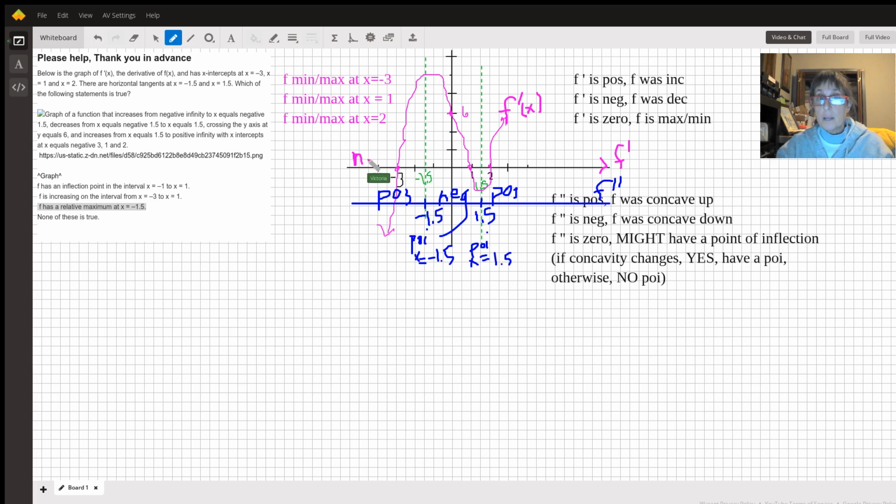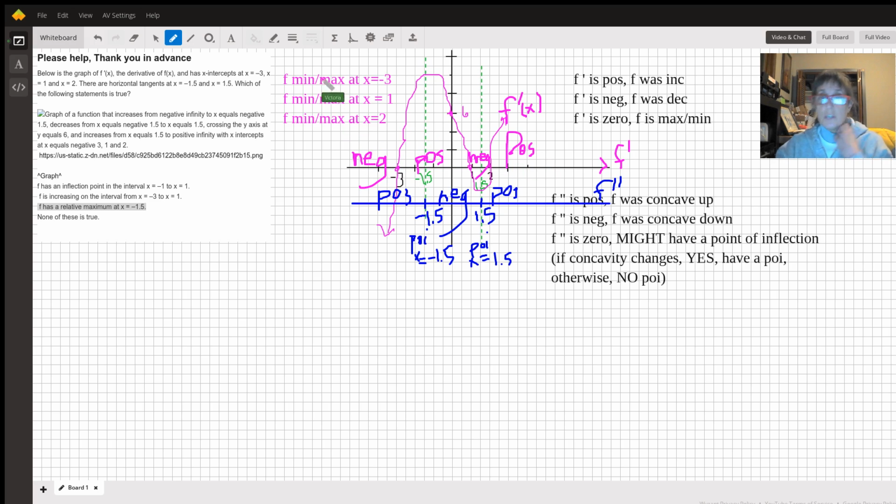The pink line is below the x-axis, so it's negative here. It's positive in here, which means the original function is increasing when the derivative is positive. It goes below the x-axis here, so the derivative is negative in here. And then it goes above the x-axis, so it's positive for the rest of time.